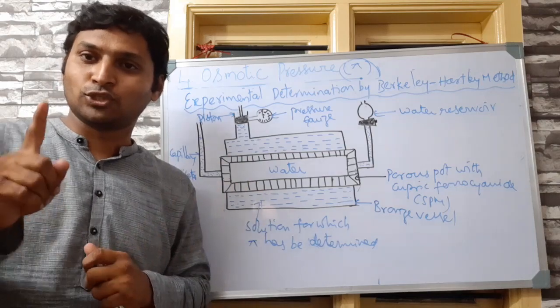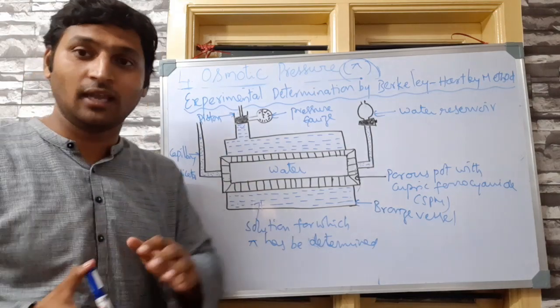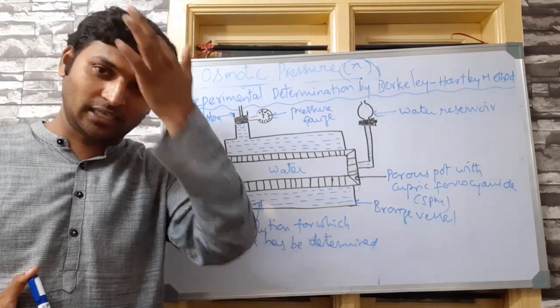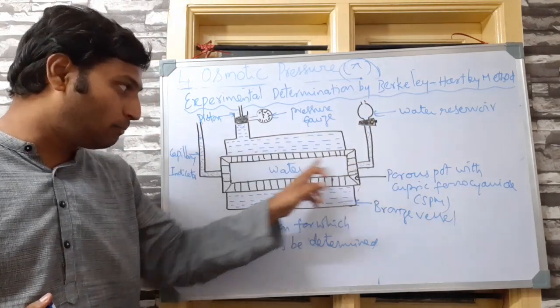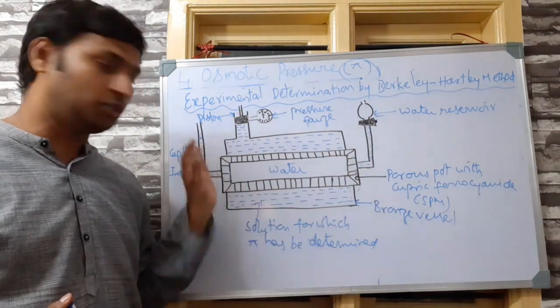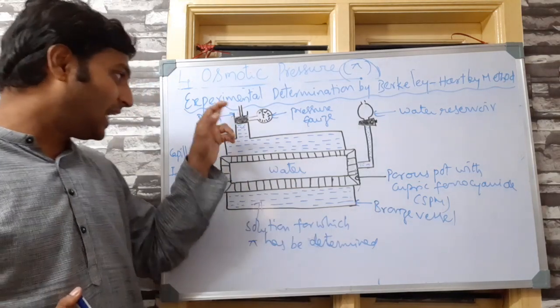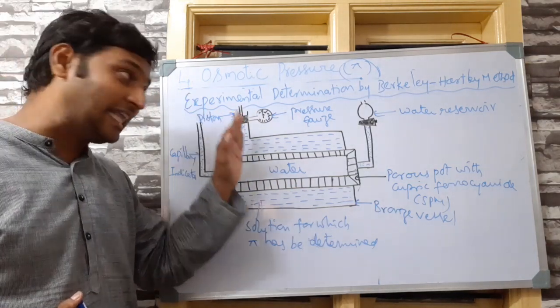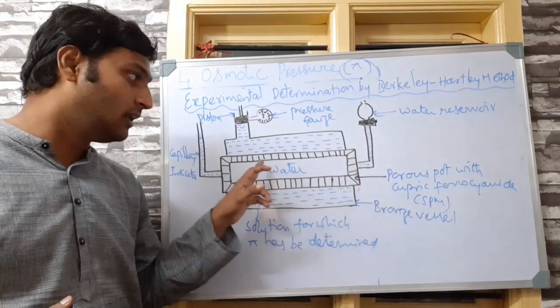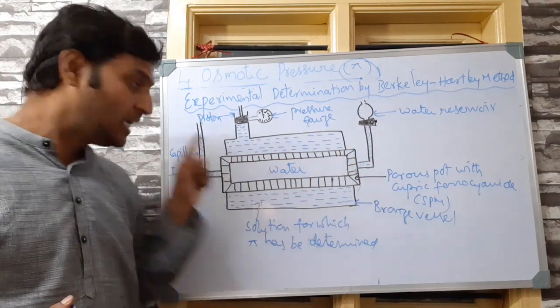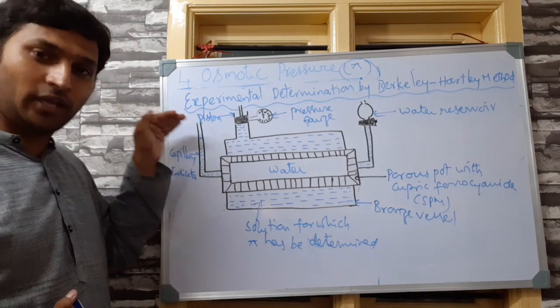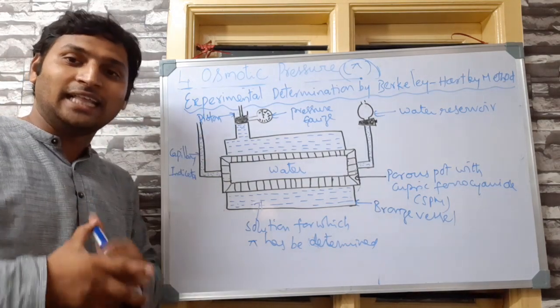Simple. So now what happens actually, when I need to start checking the process, I will be pouring pure water. First I will be taking a solution into this bronze vessel outside. Then I will be fitting the piston here. Then we start filling this porous part with water. Then the capillary indicator will be showing the water level initially.